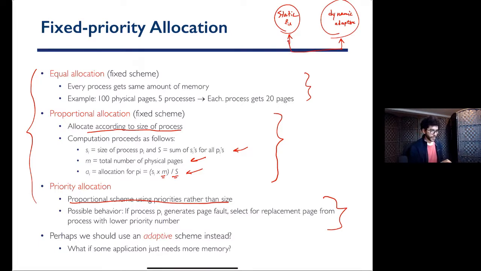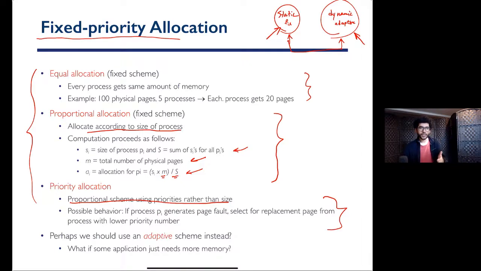Now, in this slide, we talked about fixed priority allocation, right? So fixed priority allocation could be implemented statically, it could be implemented dynamically. With a static allocation, you just look at everybody's priority and you allocate and you don't change it.